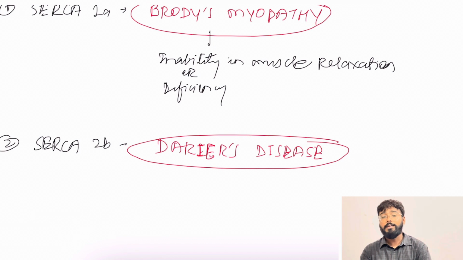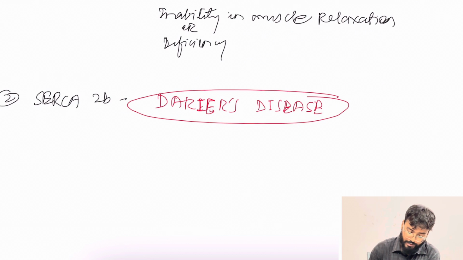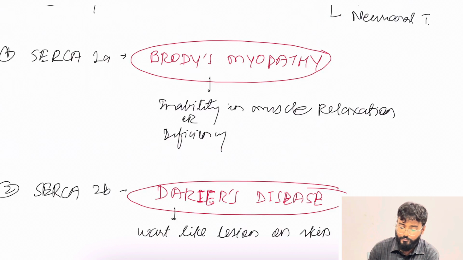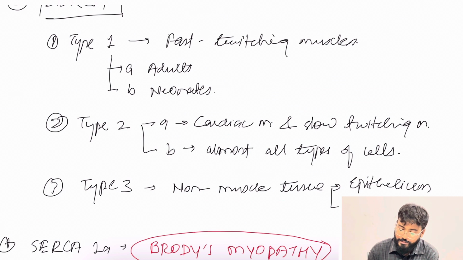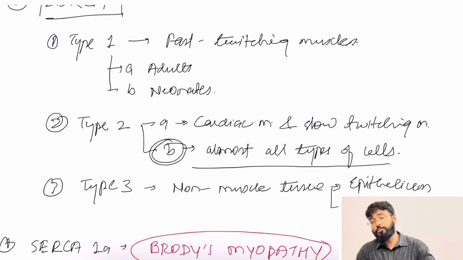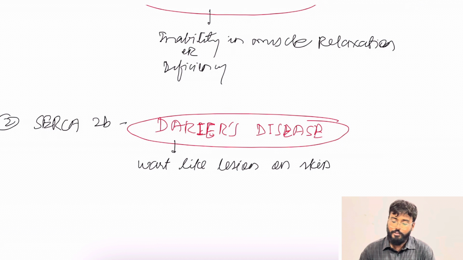What happens in Darier's disease when there is defective SERCA 2B? The patient will have wart-like lesion on skin. So where is SERCA 2B present? It is present in almost all types of cells. That also includes epithelium. So wherever SERCA type 2B is defective, you will have wart-like lesion on skin.